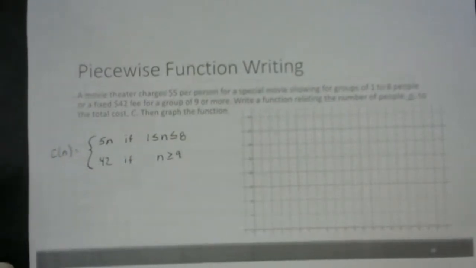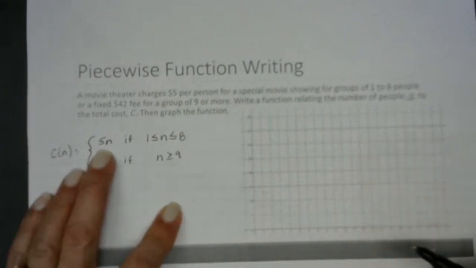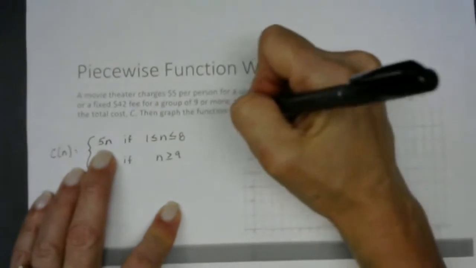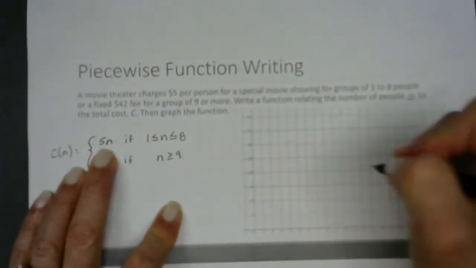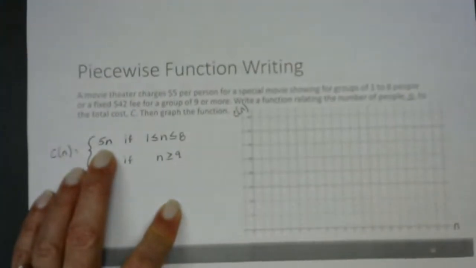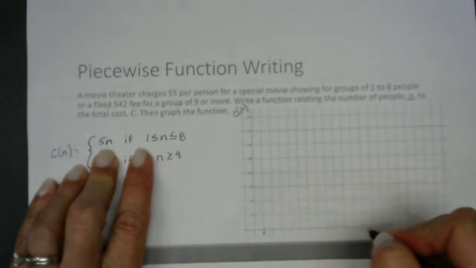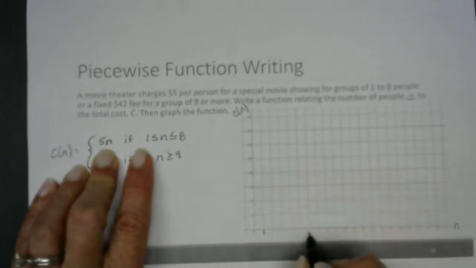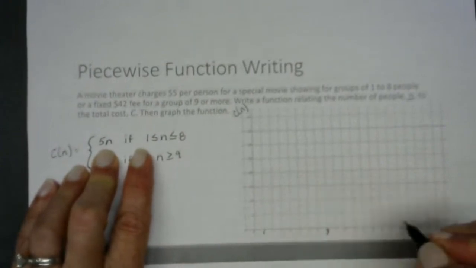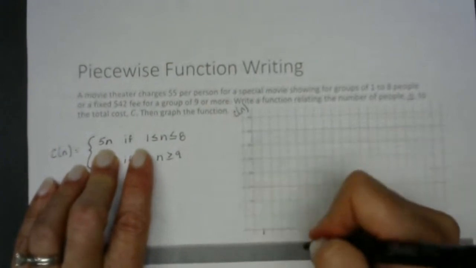All right, so if I wanted to graph that, how would I do that? It's hard to see, but here's my x-axis and my y-axis, or in this case, my n-axis and my C of n axis. It's going to be 5n for n equals 1 to 8. So 1, 2, 3, 4, 5, 6, 7, there's 8. Okay, so 5n, 5 times 0, well, that's 0.